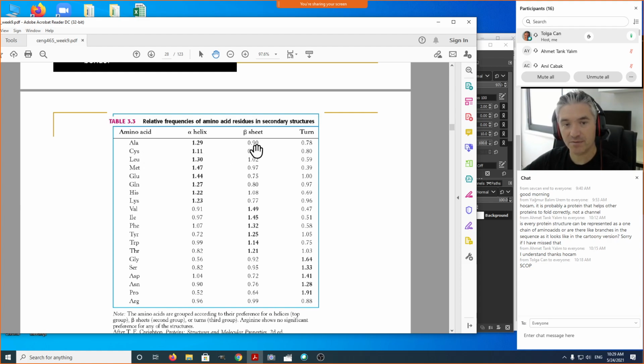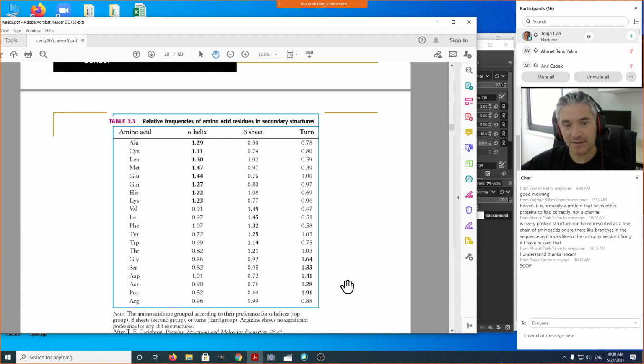No, they sometimes may be in beta sheets or turns. But if you look at this, their tendency to be in alpha helices is more compared to beta sheets and turns.